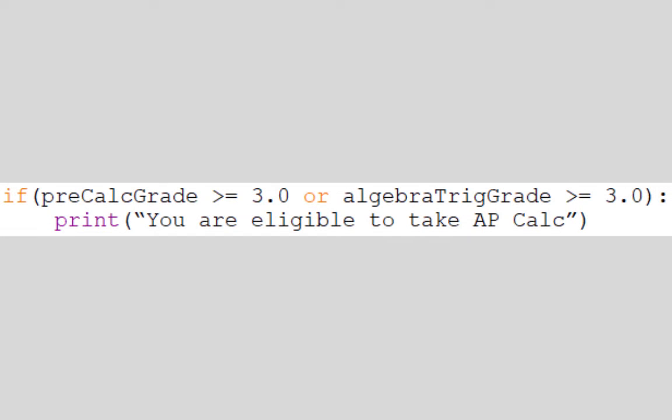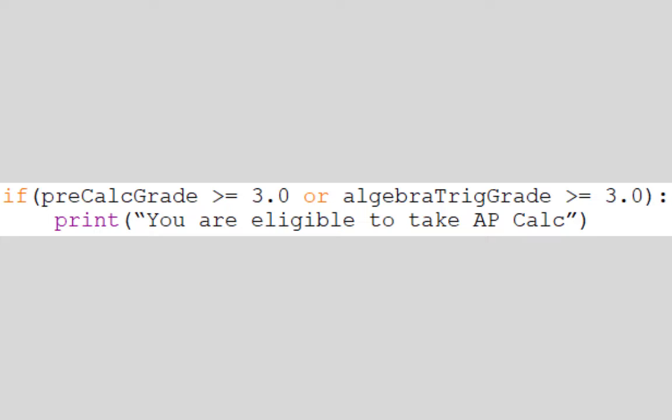And then the example of an or. Let's say we have a program that determines if you can take AP Calc or not, and the requirement for being eligible is that you have to have earned a 3.0 in pre-calc or algebra trig. Once again, you could do this using two if statements, which would make your code a lot longer and more confusing to look at. With logical operators, you can reduce the number of lines.